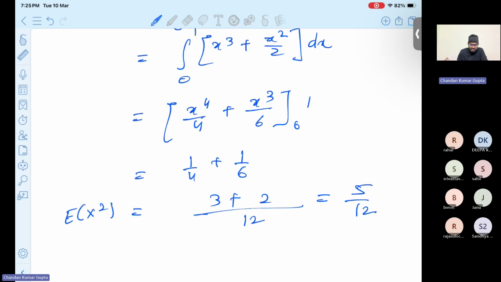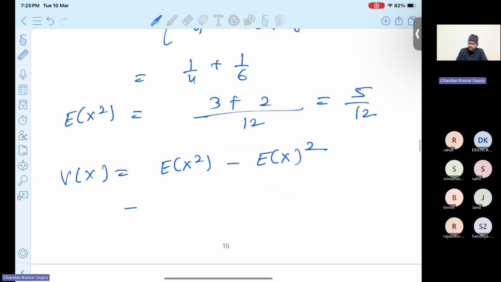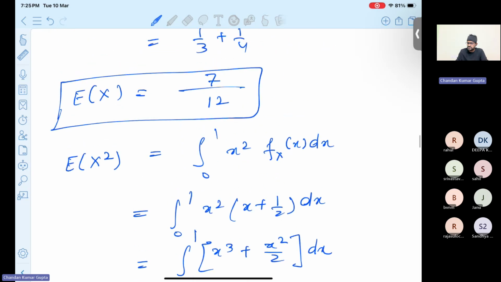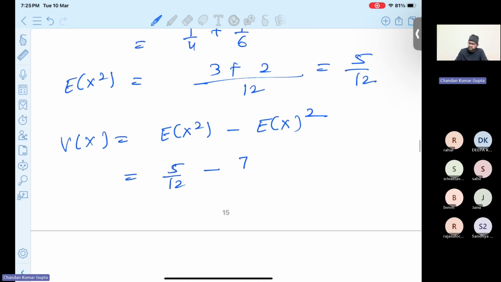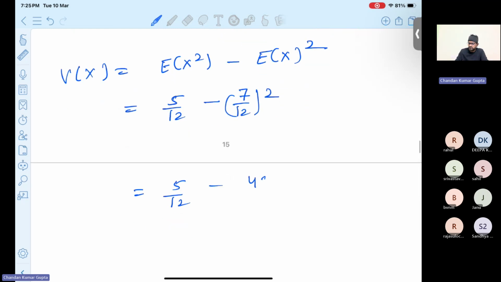Up to this point, is there any problem? Just simple calculation I'm working on. Now what is variance? Variance of x is expectation of x square minus expectation of x whole square. So it's 5 by 12 minus the square of 7 by 12, which is 5 by 12 minus 49 upon 144.